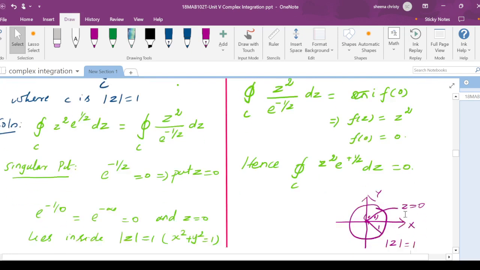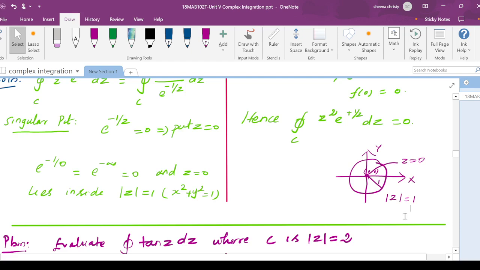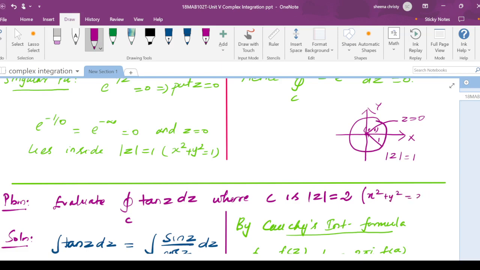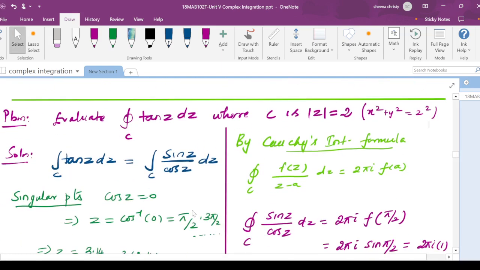Now we'll see one more problem based on this concept itself. Evaluate the line integral over the contour c of tan z into dz where c is mod z equal to 2. What is the meaning of mod z equal to 2? Mod z equal to 2 means it is a circle with center 0, 0 and radius 2. Now we first find out the singular points.